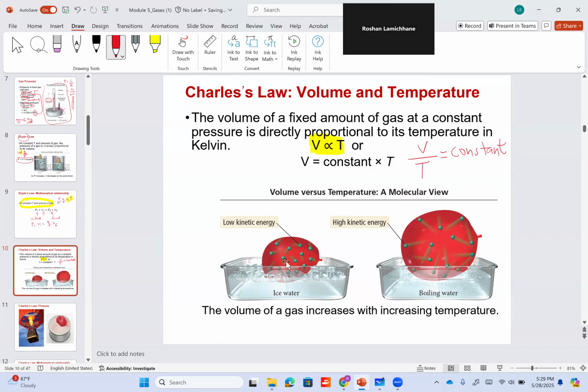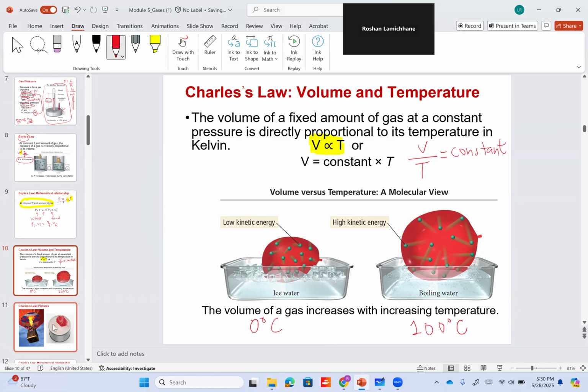Whenever you place a balloon in ice water versus boiling water, you're going to see that the volume in boiling water, which is at higher temperature, is much larger than the volume in ice water, which is at lower temperature, right? For example, this ice water might be at 0 degrees Celsius, whereas this boiling water, let's assume this is the boiling point of water, is at 100 degrees Celsius.